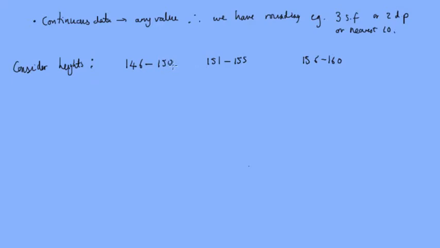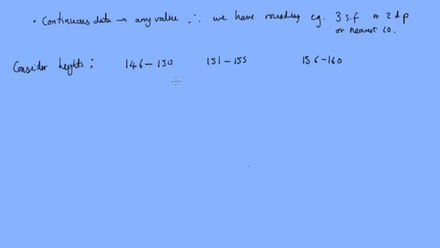What if we have someone who is 150.5? Well, it looks like that person will not fit in this class or that class. So you can see that there is the appearance of a gap in the data here and here. And these gaps would be 1 centimeter in height.